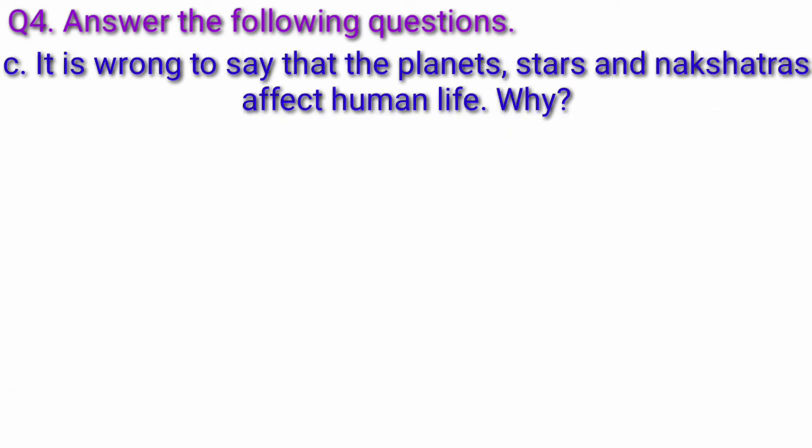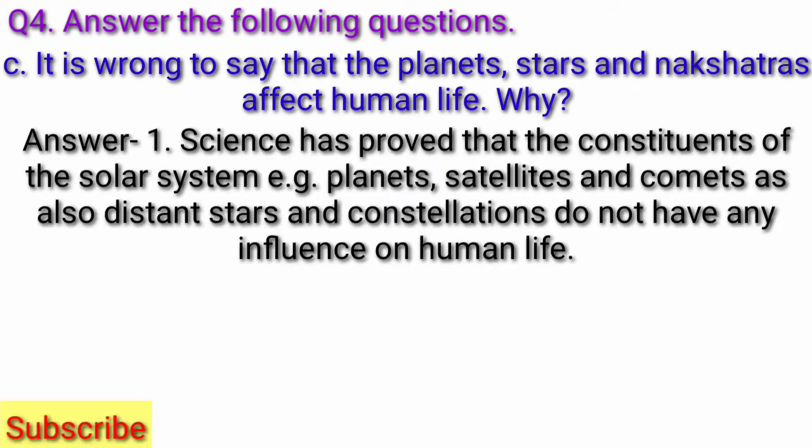Question C. It is wrong to say that the planets, stars and nakshatras affect human life. Why? Answer. Science has proved that the constituents of the solar system, for example planets, satellites and comets, as also distant stars and constellations, do not have any influence on human life.